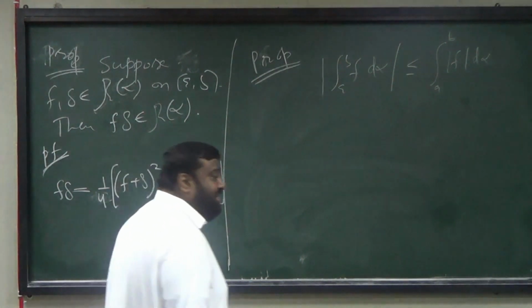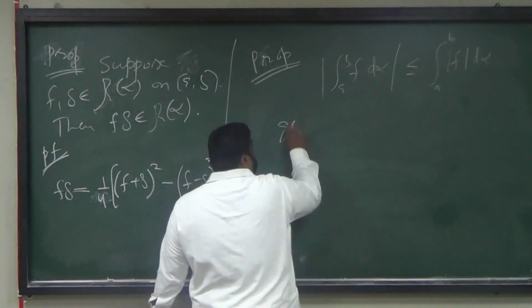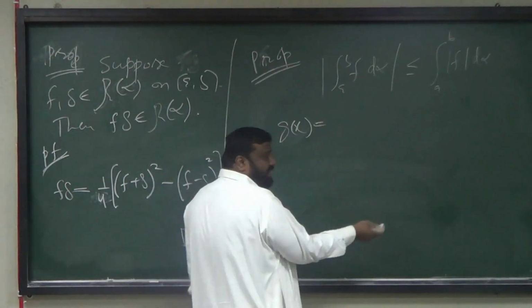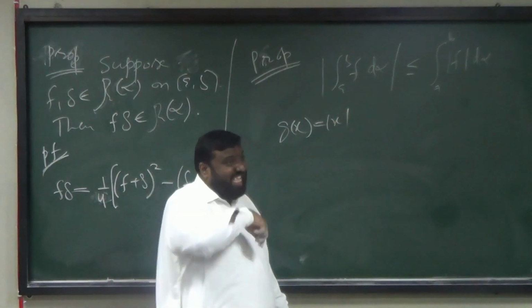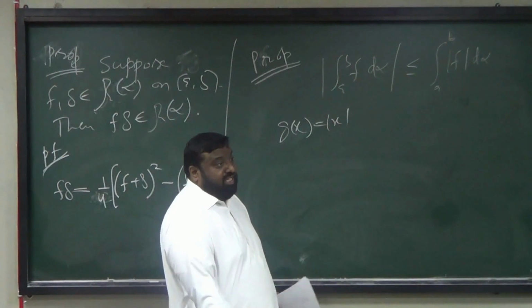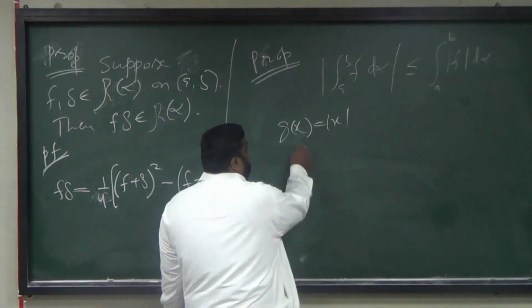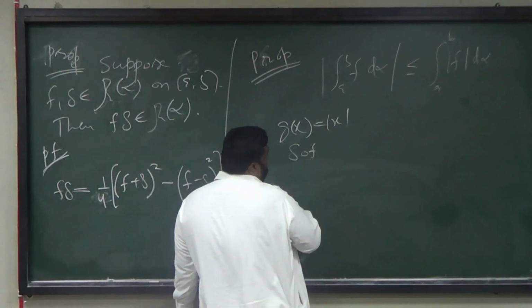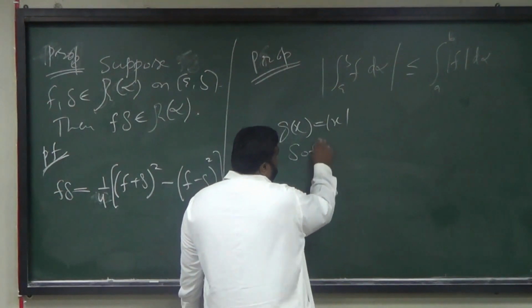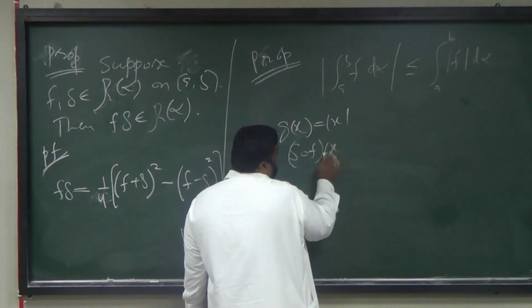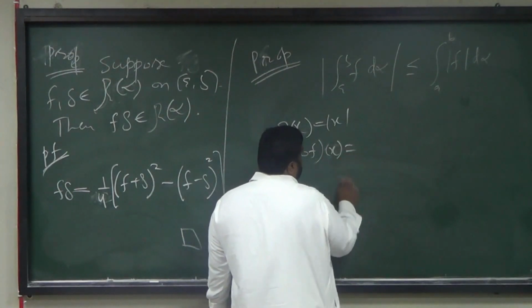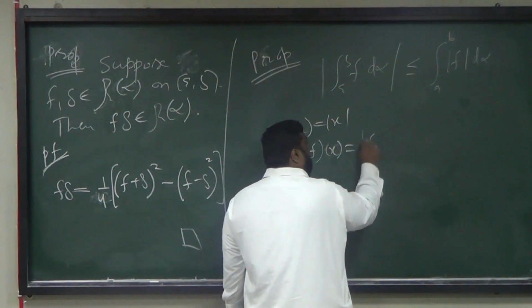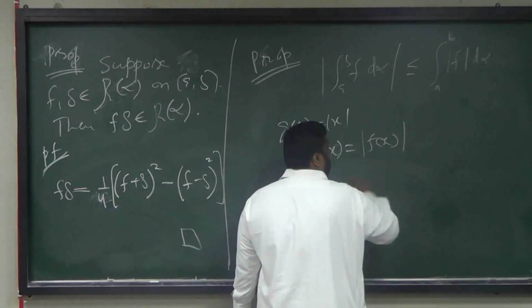It is. So consider g of x equal to the absolute value of x. It's a continuous function. The f is integrable. So what is going to be g composition f? G composition f of x is going to be the absolute value of f of x.